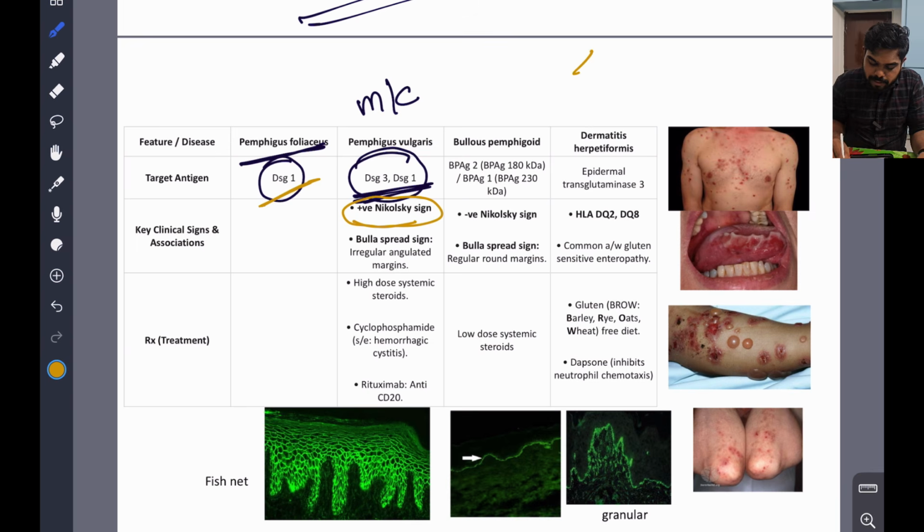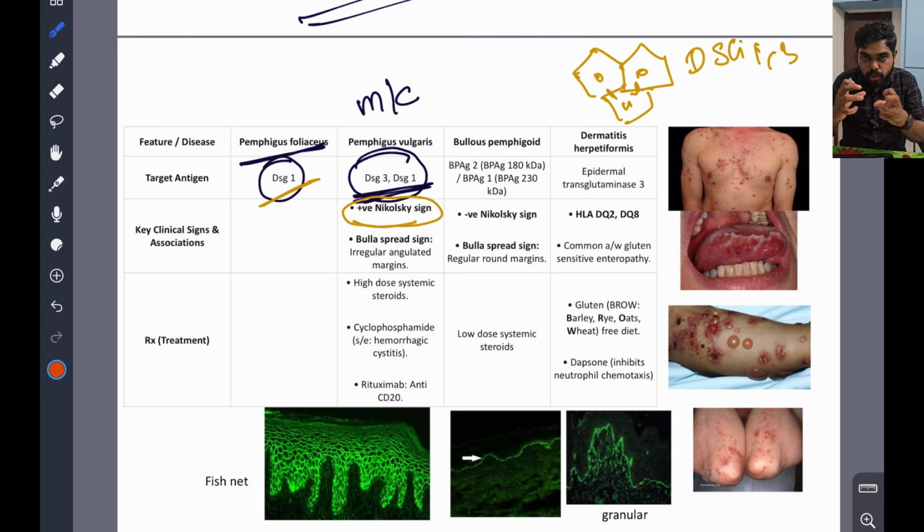Usually cells are like this, anchored to each other by something called acanthocytes. But these are managed by desmoglein, desmoglein 1 or 3, so because of a targeted autoimmune antigen, this anchoring is damaged and there is no cell anchoring, and the cell changes to this shape.